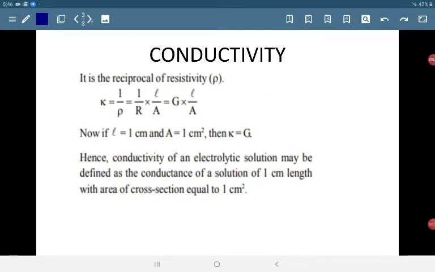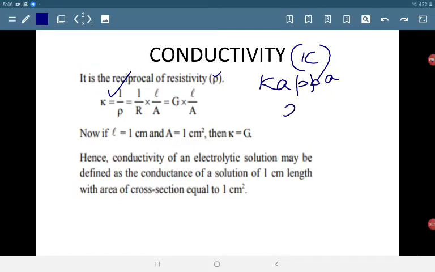Next is conductivity. It is the reciprocal of resistivity rho. Conductivity is denoted by a small letter that looks like k, it is called kappa, K-A-P-P-A. So, kappa is equal to 1 upon rho.